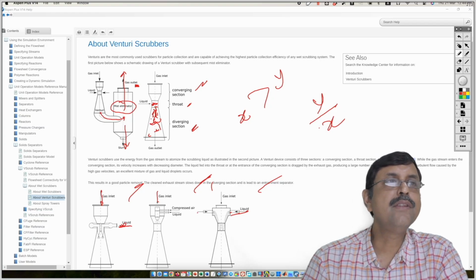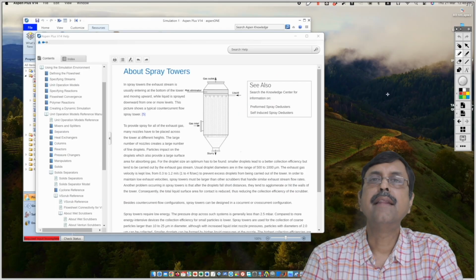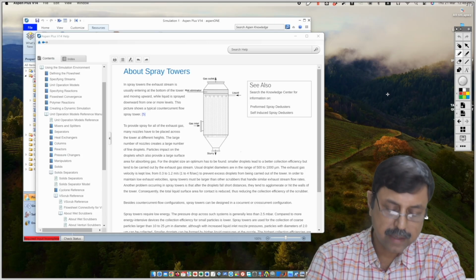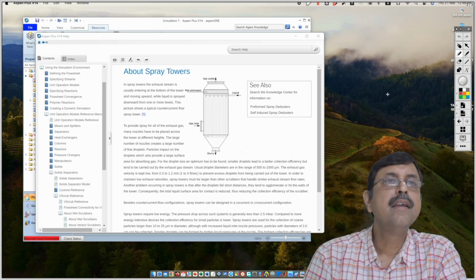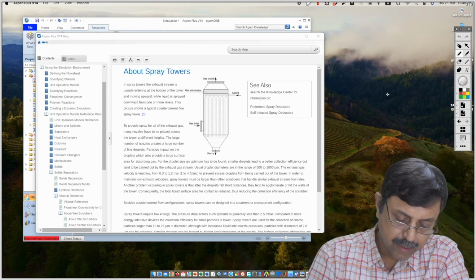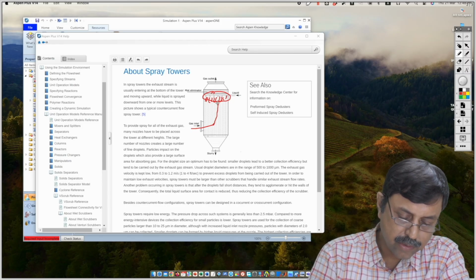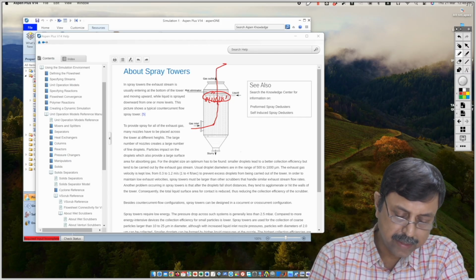So this is about the Venturi scrubber, and this is the schematic of a spray tower. As the name suggests, you can find that there is a spraying section over here through which the liquid is being sprayed and gas is fed from the bottom. So gas will travel like this and it will exit from this section.